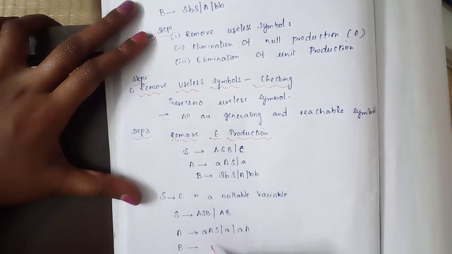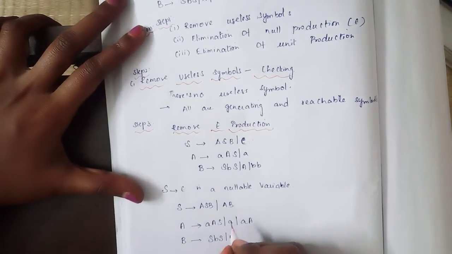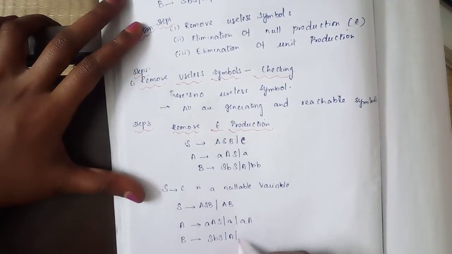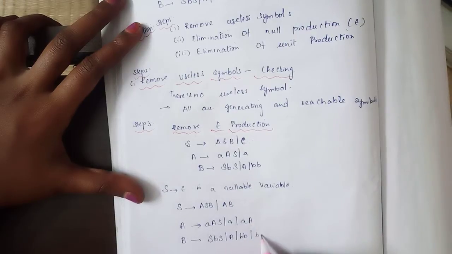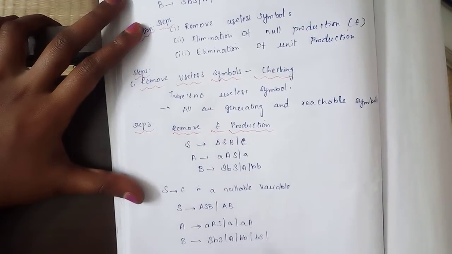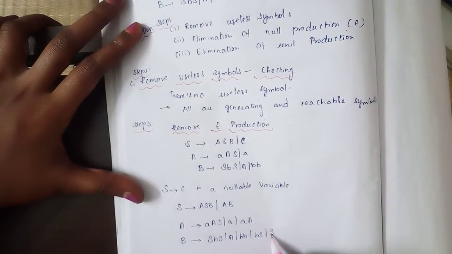B tends to SBS or A or bb. We have to write the original production first. After that you substitute epsilon into this combination of S. When you put epsilon for the first S, it is replaced as BS. When you put epsilon for the last S, you will have SB.